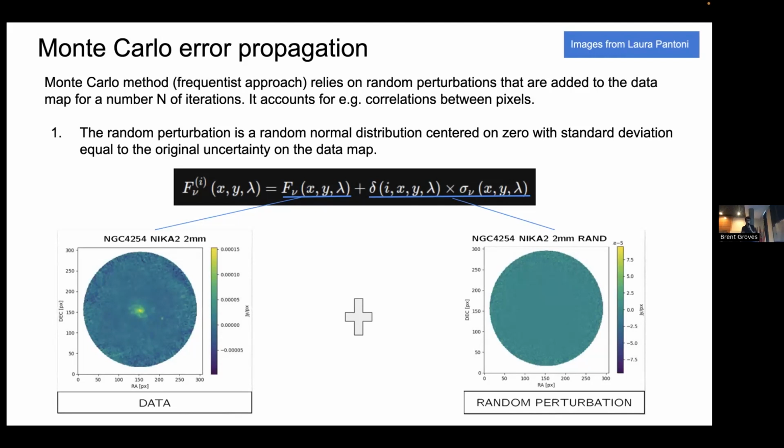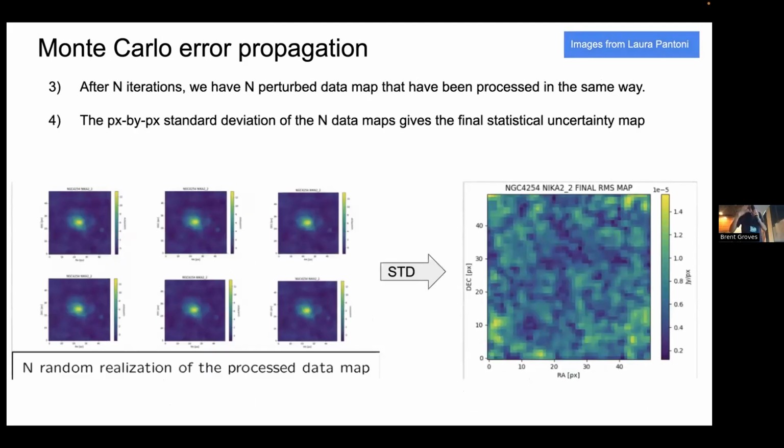We repeated this process for n iterations, so we end up with n iterations for every image, and we applied the pipeline to each of these iterations. At the end, we have n processed maps for each filter, and we calculate the standard deviation from all these maps. In this way, we were able to calculate a pixel by pixel RMS map, taking into account the uncertainty, its propagation, and the correlation of the different pixels of the maps.